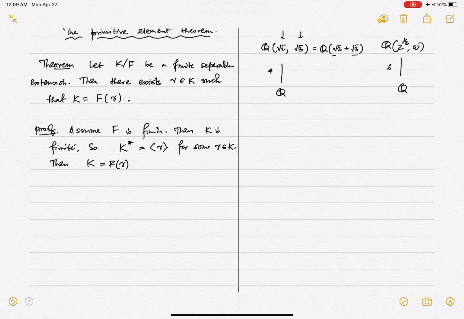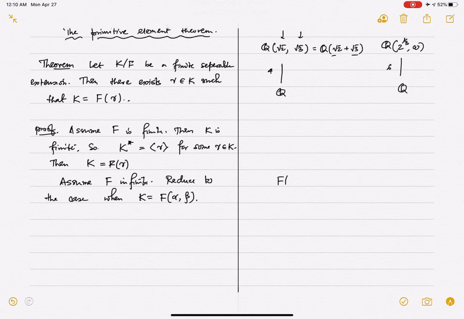So let's assume F is infinite. And there's an immediate reduction by induction that, without loss of generality, you only need to do this when K is F adjoin two elements.